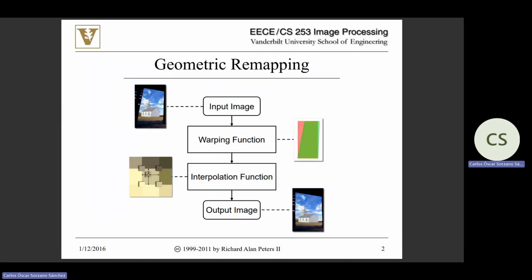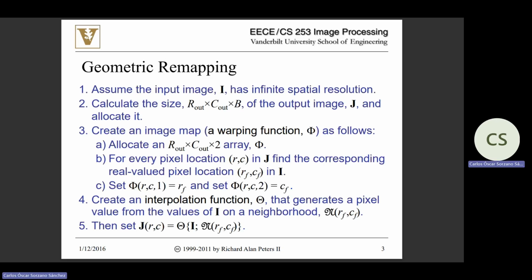That is what is represented here. So you go from the output to the input, and then you interpolate the value there, and that is the value that you put. So for instance, this house that is somehow tilted, you can put it straight. This is what I just said, if you want a geometric remapping.